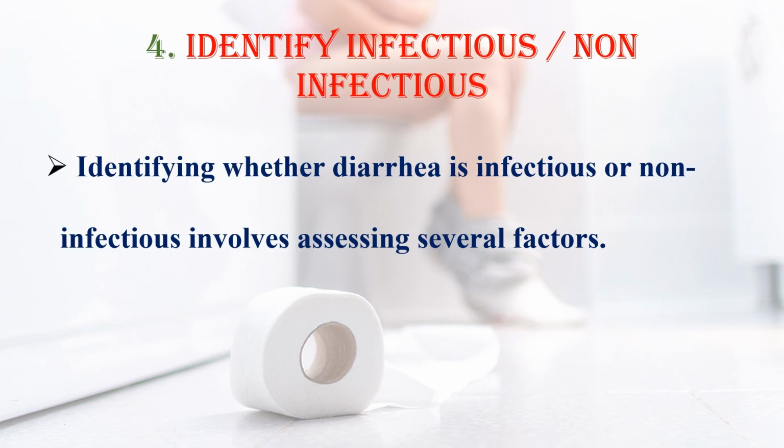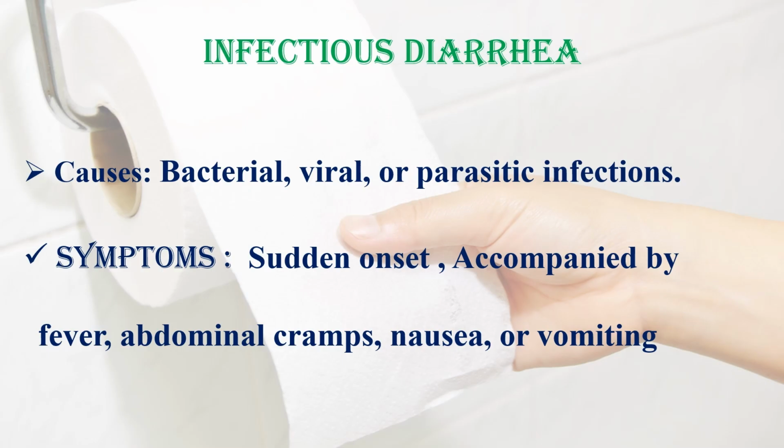Fourth one, identify infectious diarrhea or non-infectious diarrhea. Identifying whether diarrhea is infectious or non-infectious involves assessing several factors. First one, infectious diarrhea. It is caused by bacterial, viral, or parasitic infections.